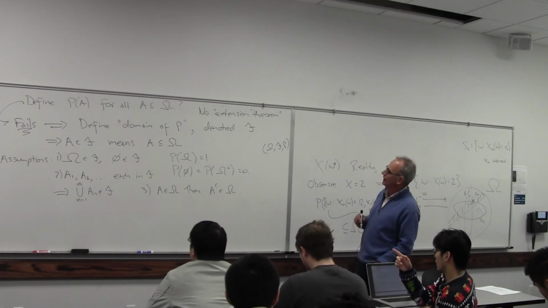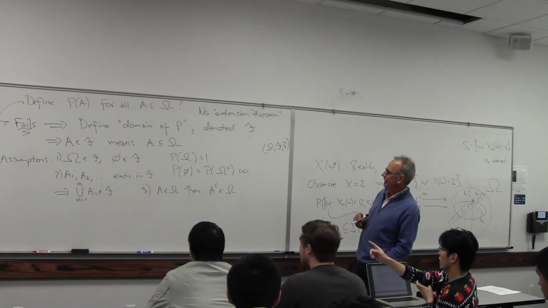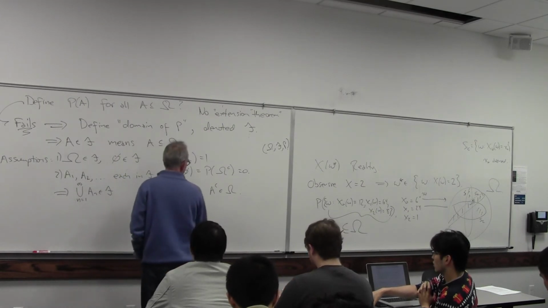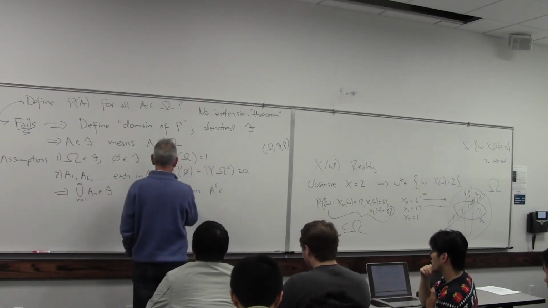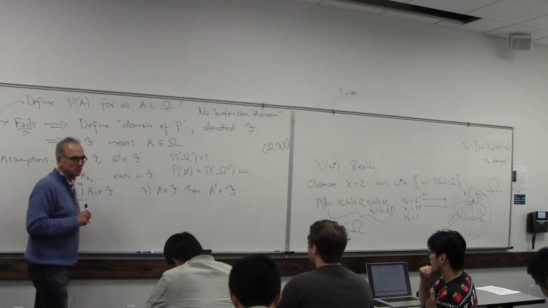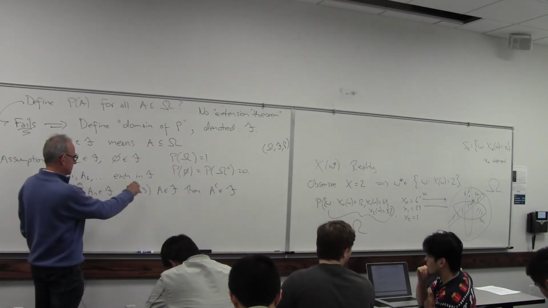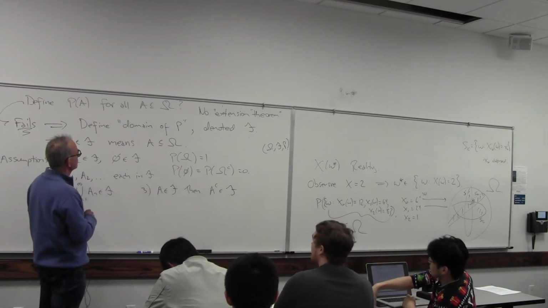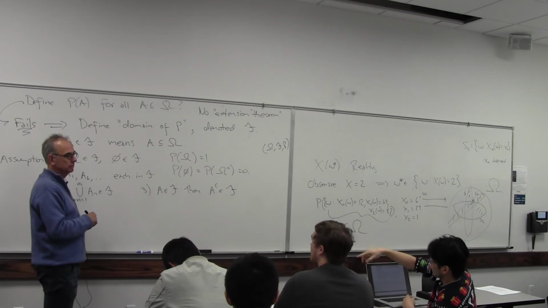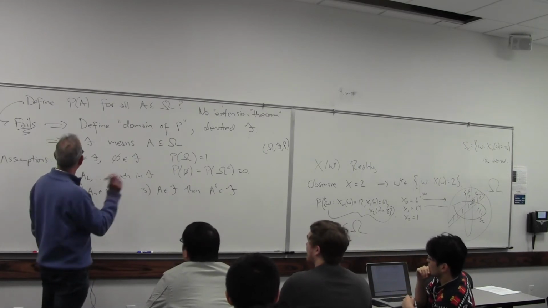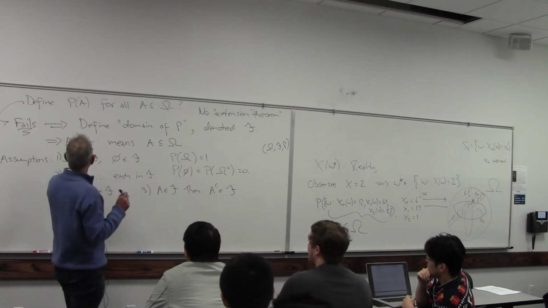Third point should be A is in the set of F, not omega. Oh God, that's why somebody gasped. Yeah, I heard gasps. I wasn't sure why. The definition for probability equals 1 maybe should be P of F. No. So F is the domain of P. This is the thing.